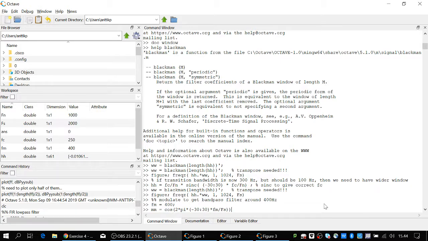So that's our modulator, but actually I also multiply this one by 2, since when you modulate by cosine, you lose half of the signal. Modulator signal.